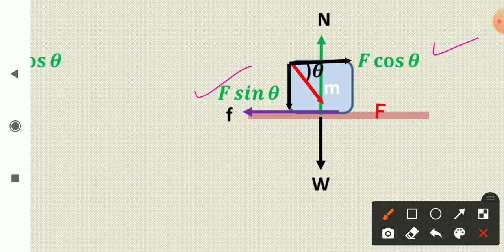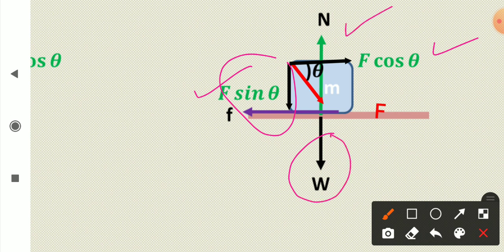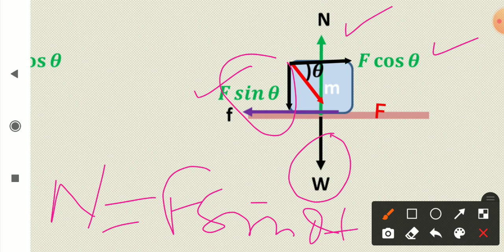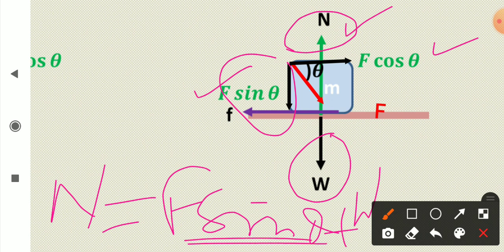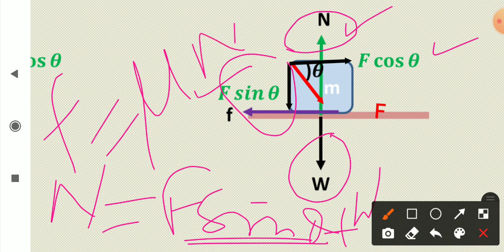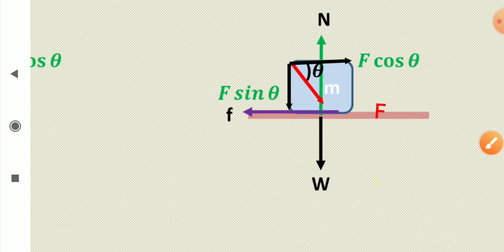So you can see that the total downward force is F sin theta plus W, and the upward force is N. So when you try to balance them, N is equal to F sin theta plus W, weight. So clearly this normal reaction is the apparent weight. So this normal reaction is more in this case, and when normal reaction increases, the frictional force mu N also increases.